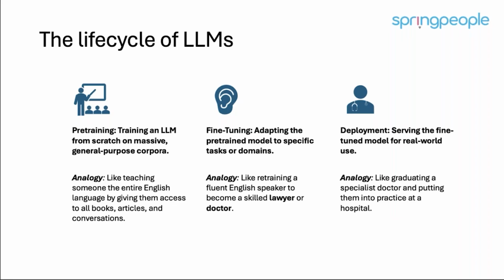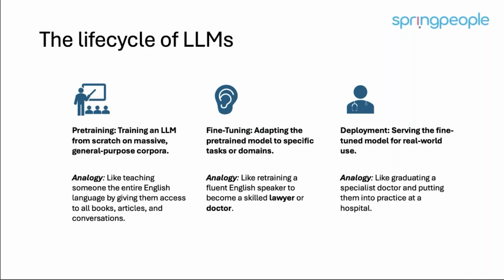Hence, we get into this idea of fine-tuning. It's adapting your pre-trained model to the very specific tasks or domain that you want to use it for. So we have the pre-training side of it, fine-tuning, and then once that is done, we deploy it into production to use it in the way you want to use it.